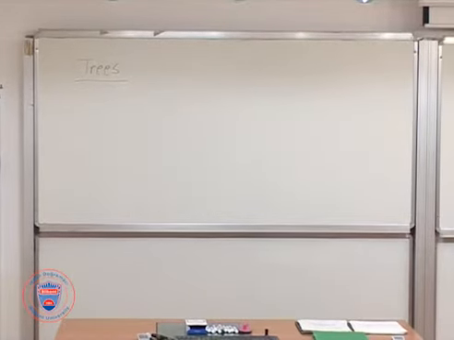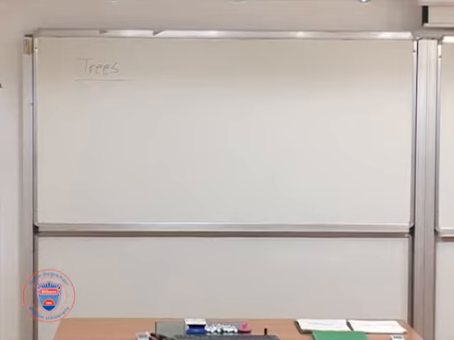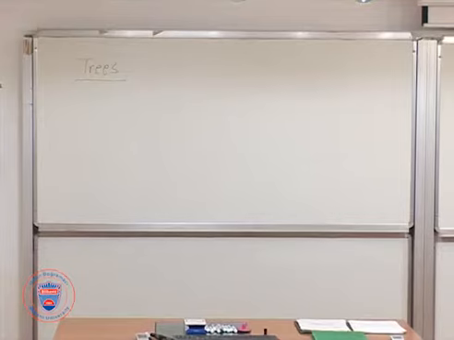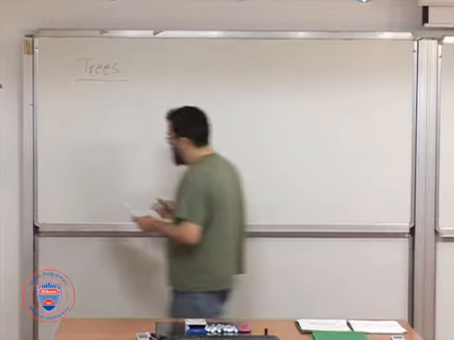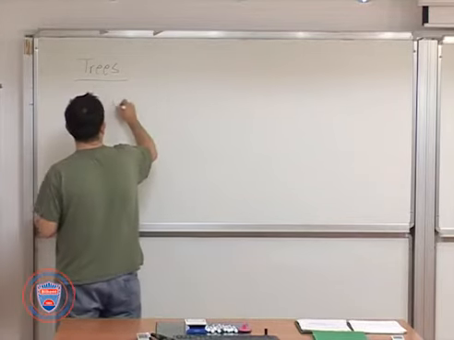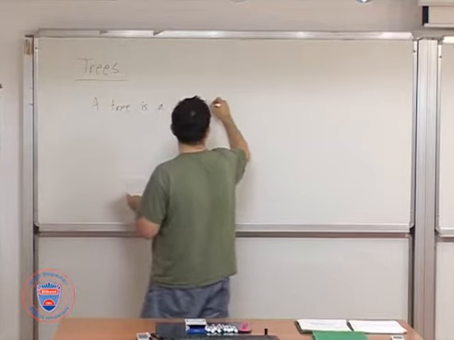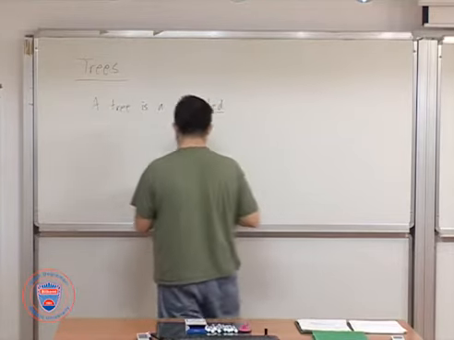You've probably seen it drawn on the board many times by many other instructors. There's a theory for trees, like they're special graphs, so there are certain things you can say. So what's a tree? A tree is a connected graph. So it's important that it's connected.